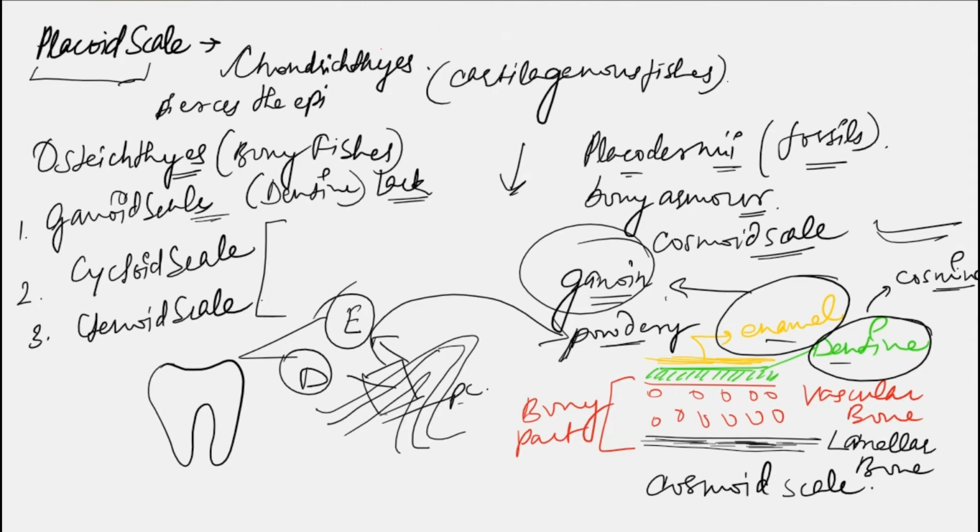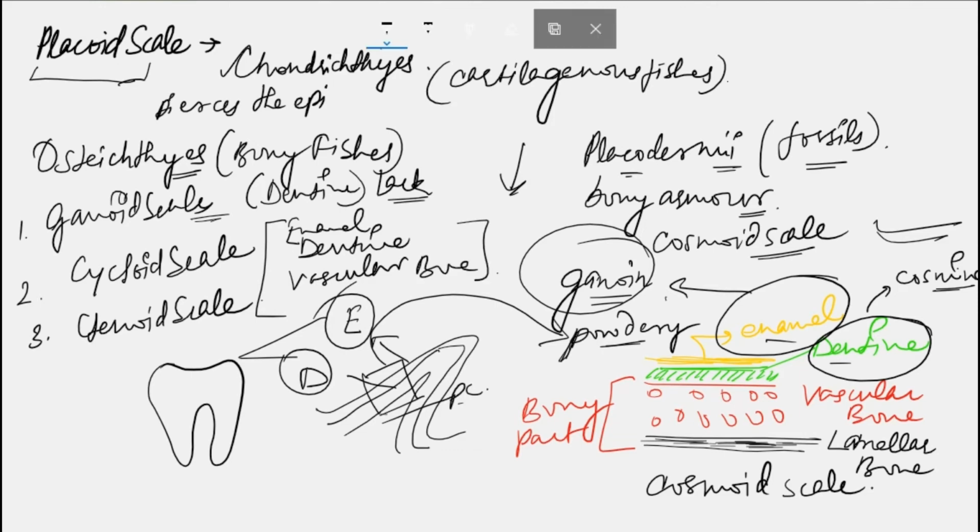And in the case of cycloid and ctenoid, they have only the lamellar bone, and the rest of the three layers, that is enamel, dentine, and vascular bone, disappear in these classes. So as we go from primitive to advanced fishes, we lose these layers one by one.